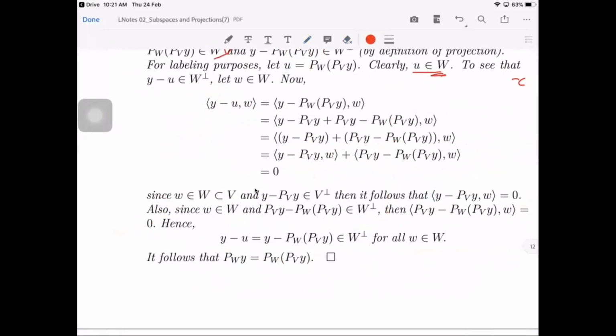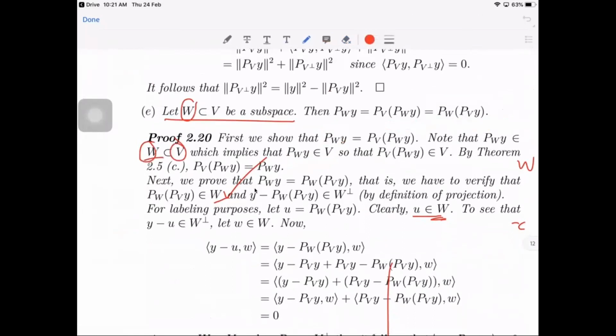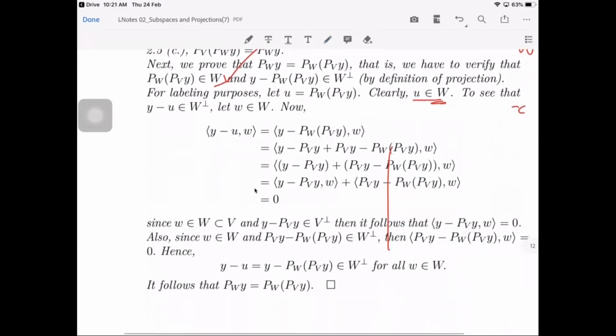So this statement here, when we rewrite it in terms of projection, equivalent ra ni sila. So ang projection sa y unto w is the projection of y onto v, or it is the projection of y onto v onto w. No? So the same vectors na siya actually.